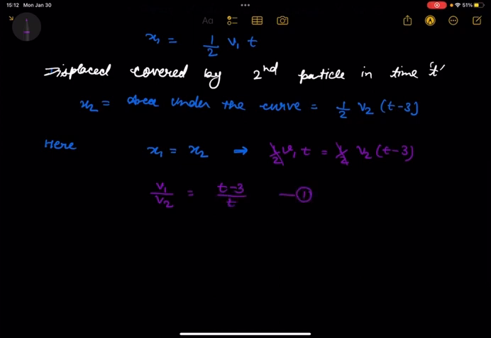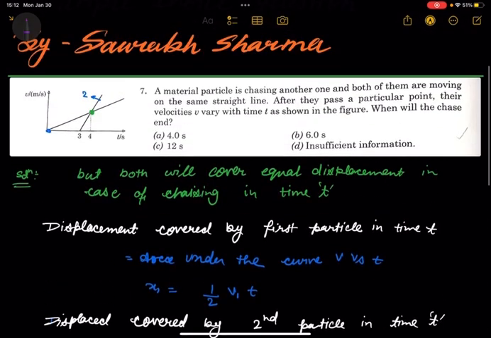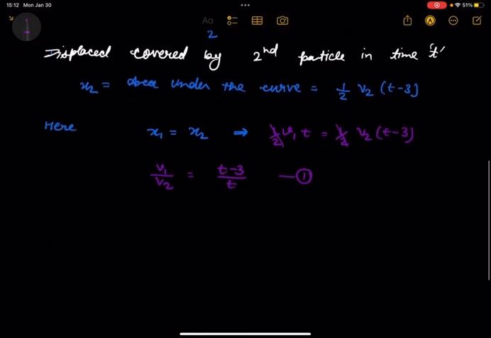Now the question is saying that at t equal to 4 seconds they collide. So the time taken by the first particle to collide is 4 seconds and for the second one it is 1 second. So for the first particle, v1 by t is equal to v naught by 4.